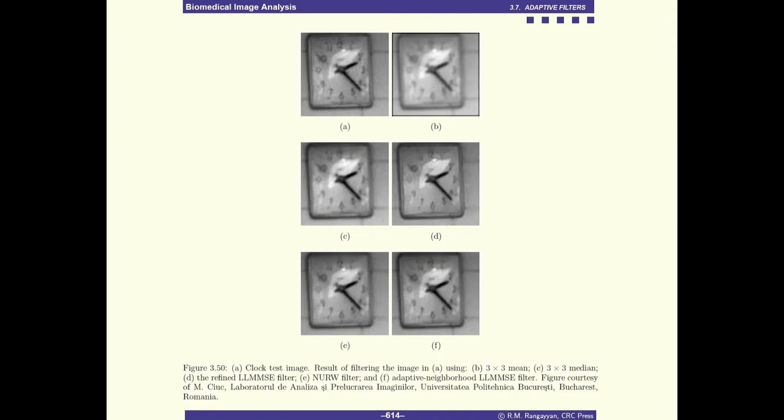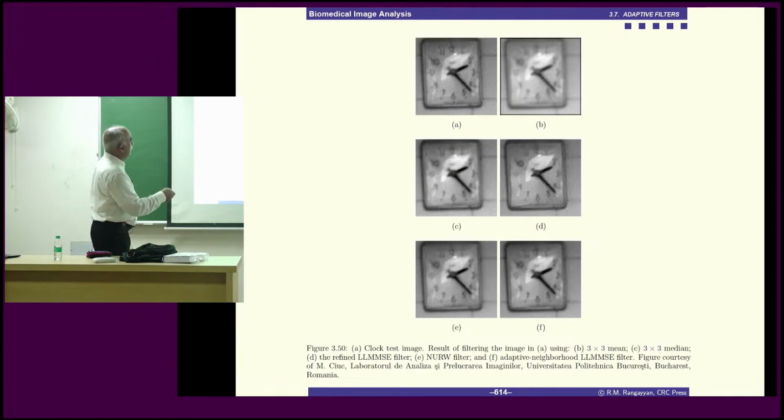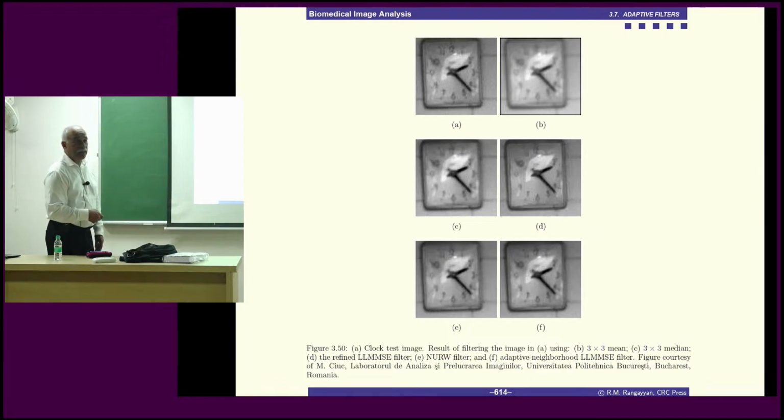So this is the noisy original image. We didn't add noise. That's the way it is. That is 3 by 3 mean, 3 by 3 median. We had seen that earlier. So we have good noise reduction compared to that, and all of these numerals are preserved better compared to the 3 by 3 filters. The others are not bad.